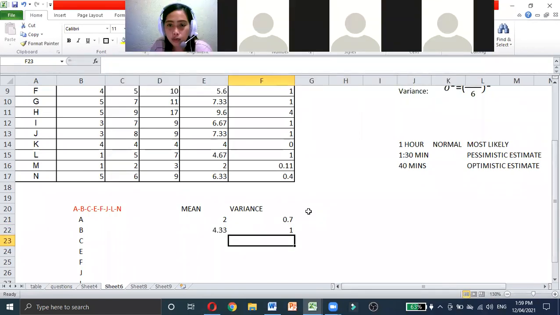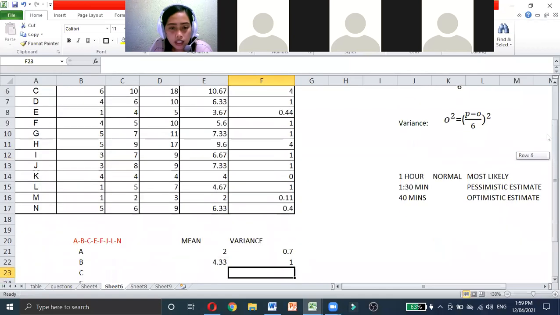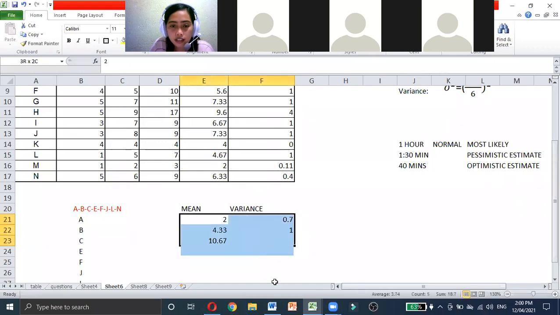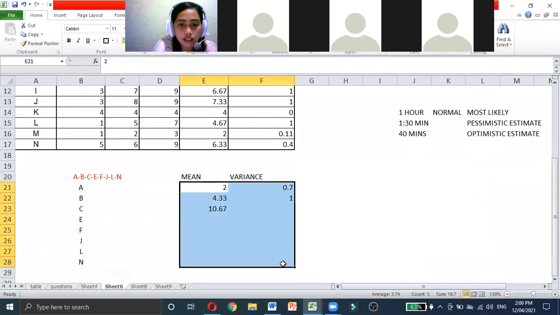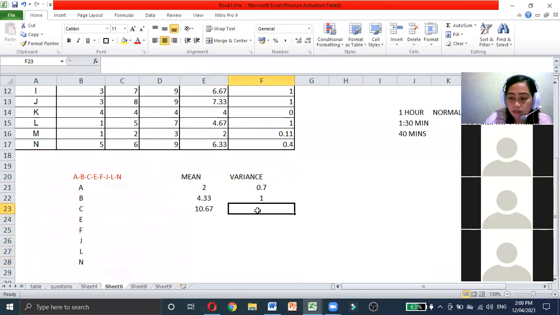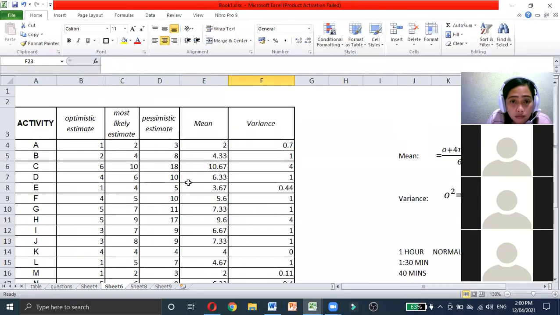Okay, we add up the numbers below. Next, C is 10.67. Then the variance is 4.